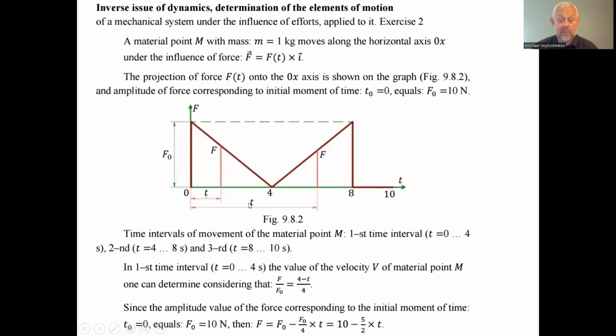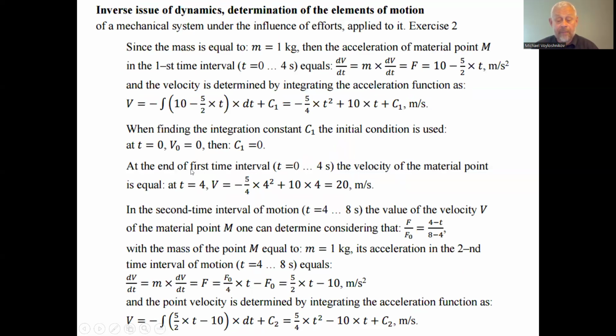For a definite time t, this leg corresponds to this force, as this big leg from 4 to 8, like the time corresponds to the next force, which is 0. And having this proportion, we can find that the acceleration is given by this formula, F equal to F0 divided by 4.